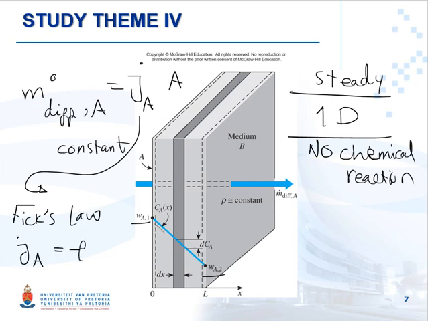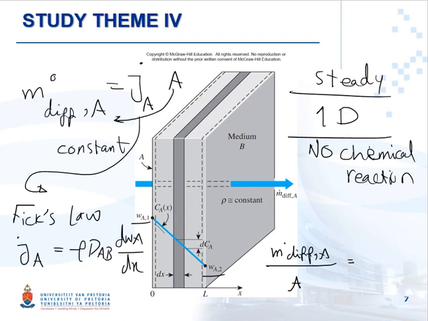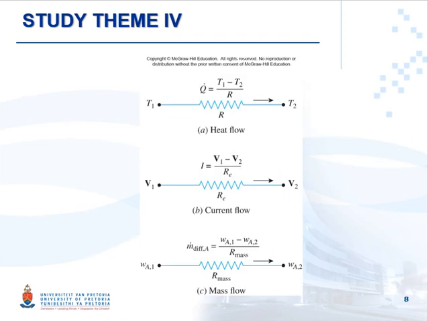J_A is equal to minus rho D_AB dWA/dx. So basically m dot diffusion of A divided by A is equal to J_A, because this A can go to the other side, which is minus rho D_AB dWA/dx.